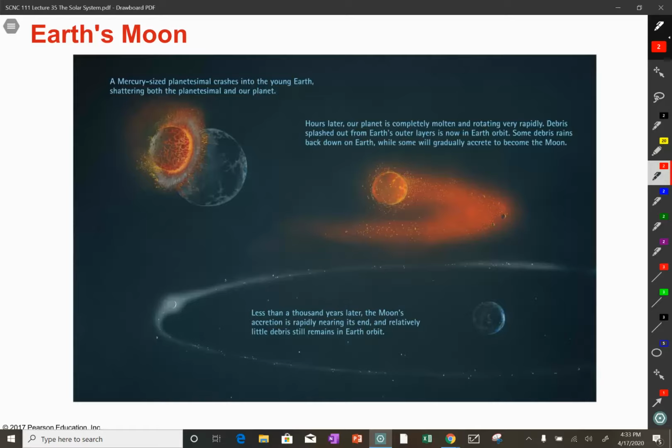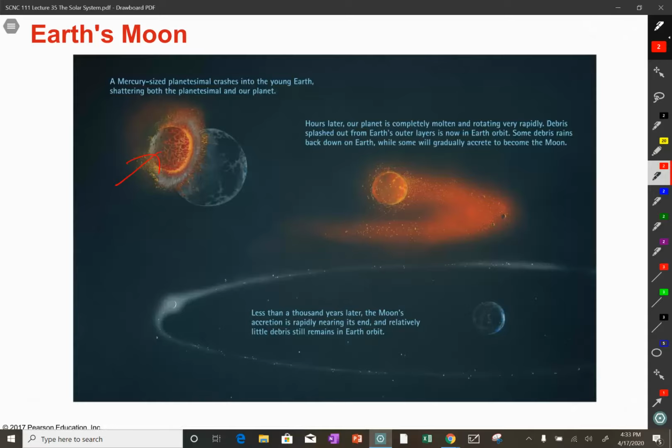And the ultimate conclusion, the one that fits with the best of our data, is that there was a planetesimal that came and smashed into the Earth. And we're talking something that's large, something like the size of Mercury hit the Earth. Imagine if you were on Earth then, of course you would die.